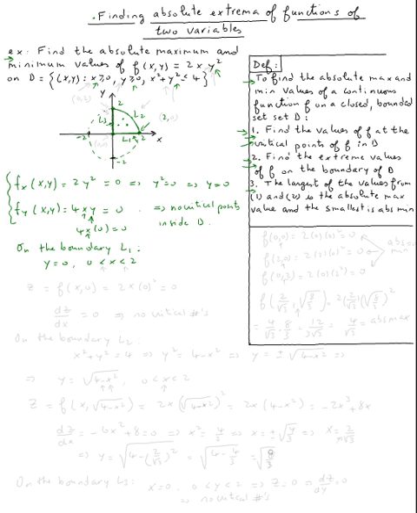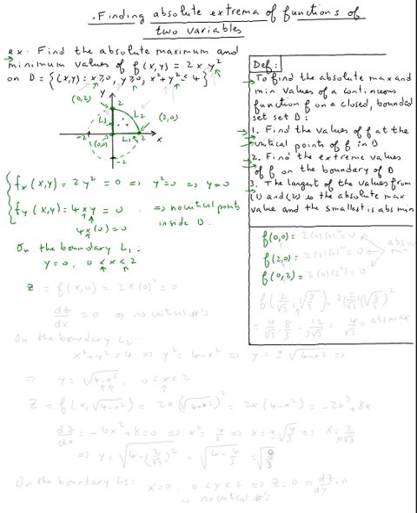This point is (2, 0), this point is (0, 2), and this point is (0, 0). So I need to evaluate f(0, 0), f(2, 0), and f(0, 2). That's why I'm not going to use equality here. So x is strictly between 0 and 2.